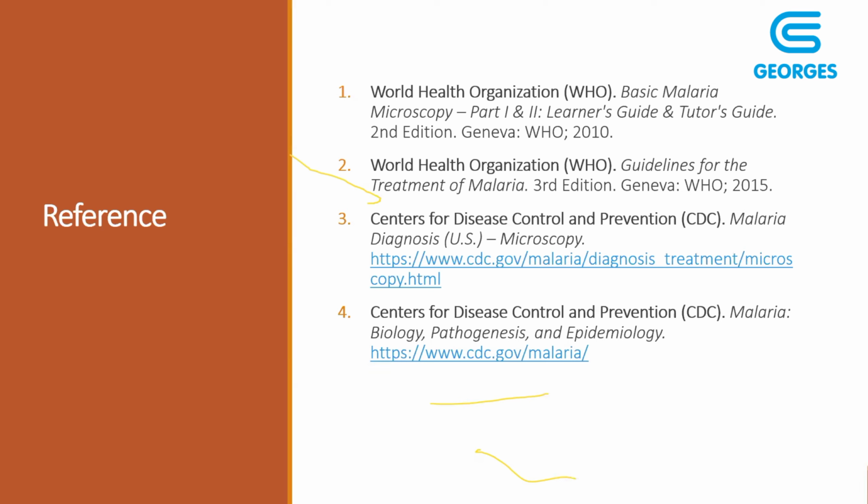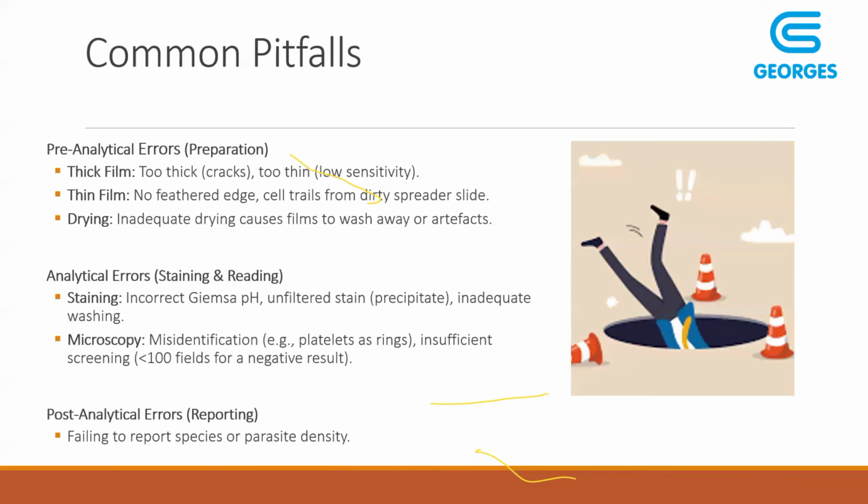Then Ngera asks, to everyone, what do you do when you have negative microscopy results, but the RDT is positive? A negative malaria microscopy result with a positive RDT is an indication of malaria, and it is reported as RDT positive and microscopy negative. This is because an RDT is much more sensitive.